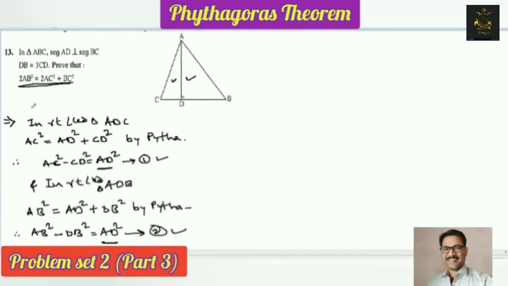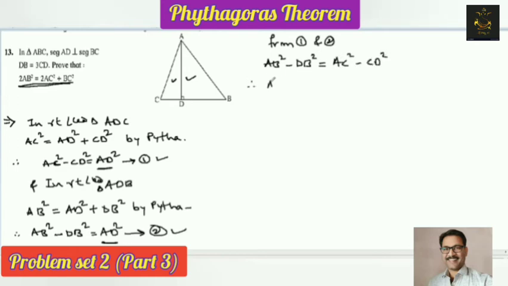Okay, because of we need AB this side. So I'll write this one first. So from 1 and 2, what I can write here? AB square minus DB square is equal to that one AC square minus CD square.